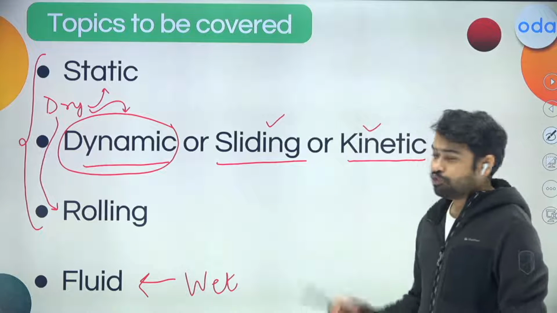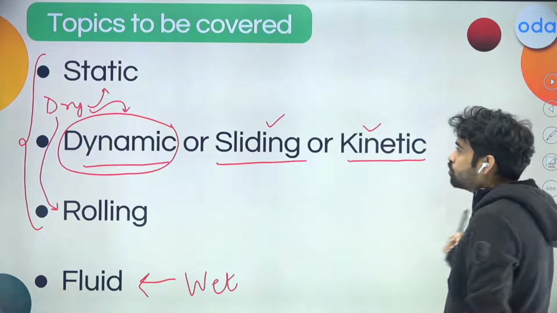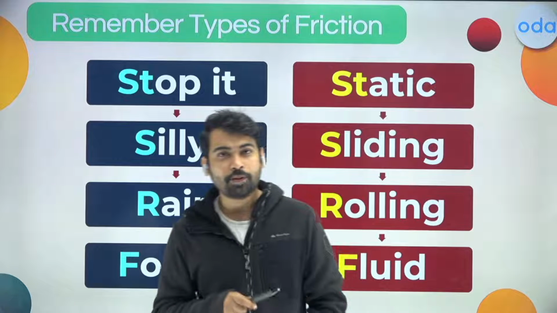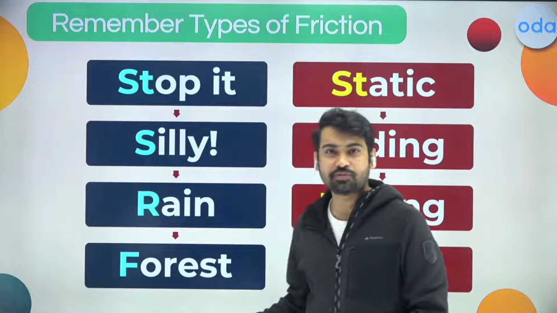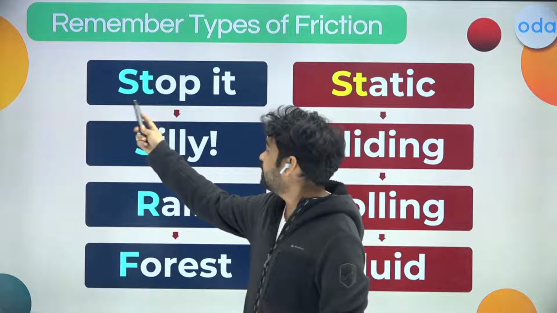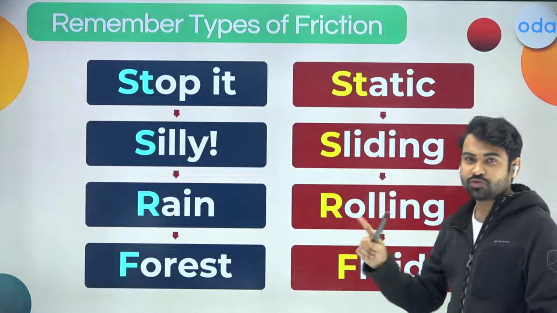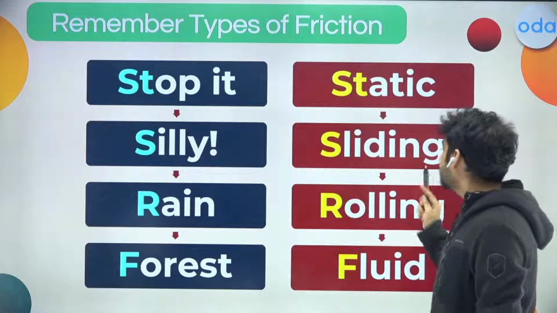All right, if you are feeling a little uncomfortable, thinking "these names are so difficult to remember," let me tell you, there's a trick for you. To remember all of these, you can just remember "stop it silly rainforest." The S and T stand for static friction, the first friction that we had. Silly, S, stands for sliding friction.